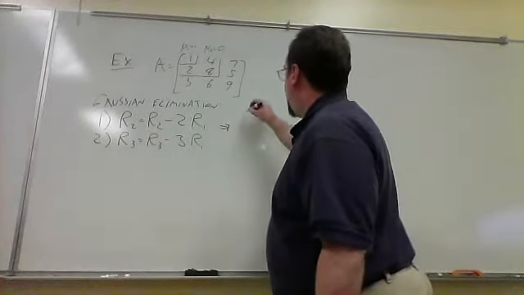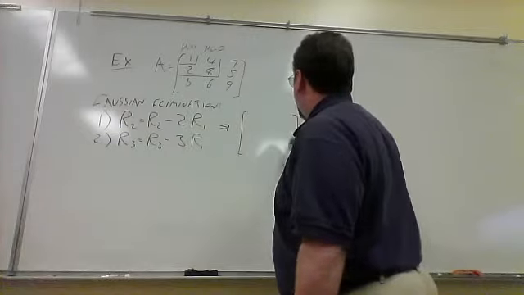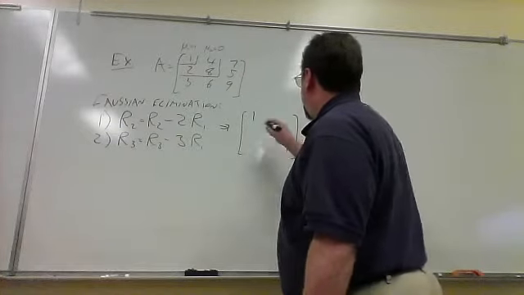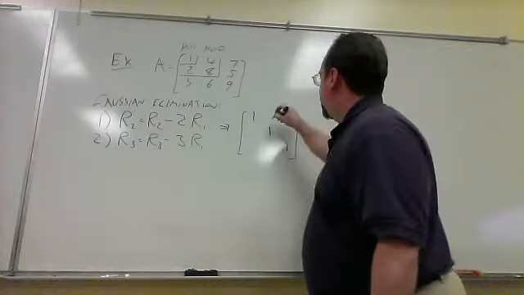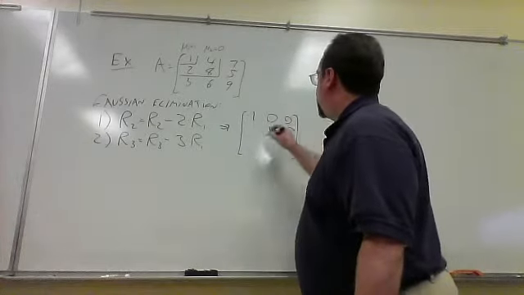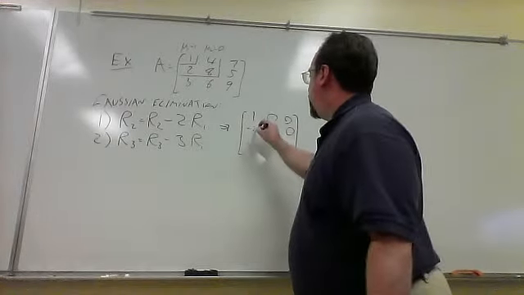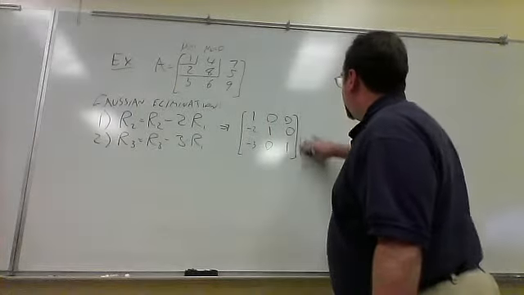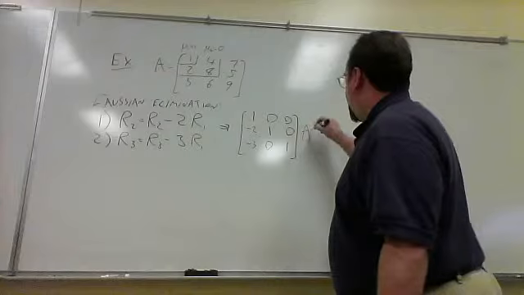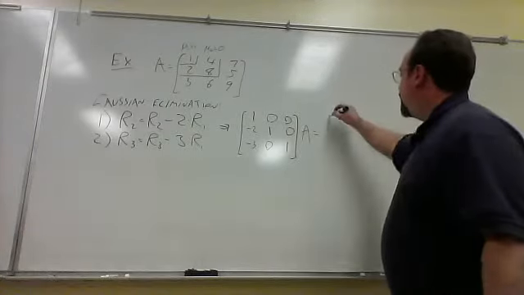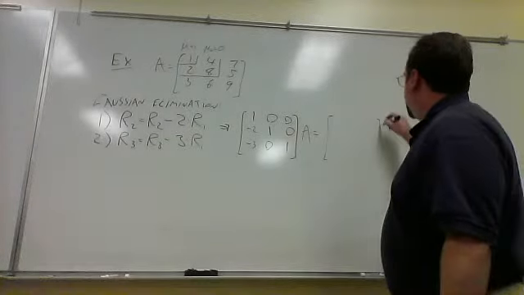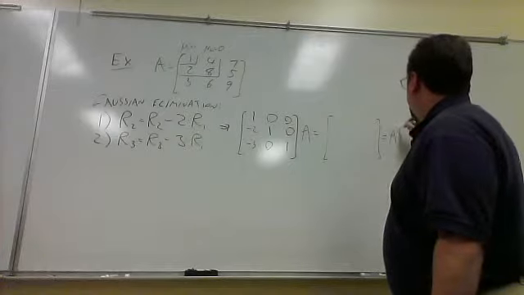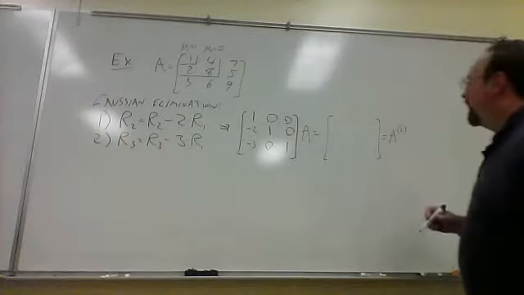As a result, here's what we have. Our row operations give a unit lower triangular matrix with these multipliers, minus 2 for this entry and minus 3 for this one. Applied to the original A, it gives us the new A, which I'll call A2.